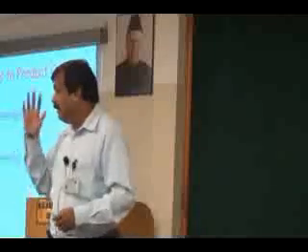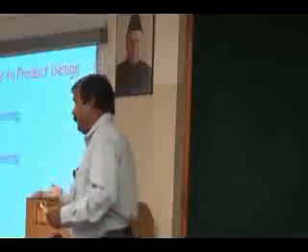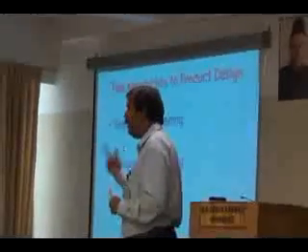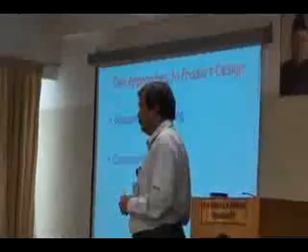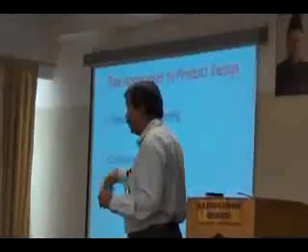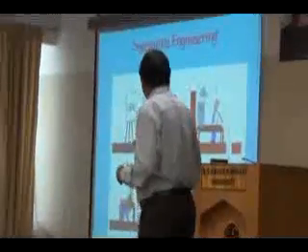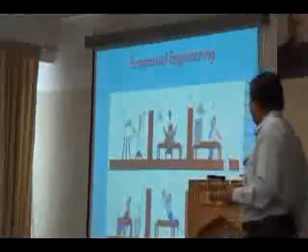So in typical sequential engineering, the time to realize the product is very long, and it has many other associated problems. Let us see what they are. Sequential engineering is also called throw over the wall engineering.